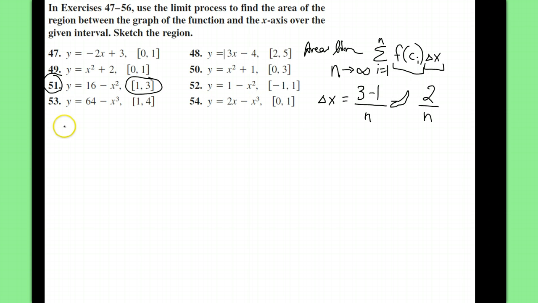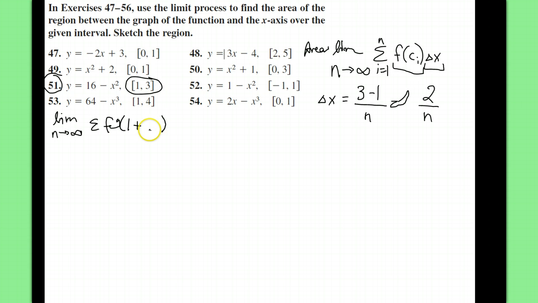Well, I'm going to rewrite everything I got. So the limit as n goes to infinity of the summation of the function. Now, here's the key. I'm starting at 1, and I'm adding these rectangles.